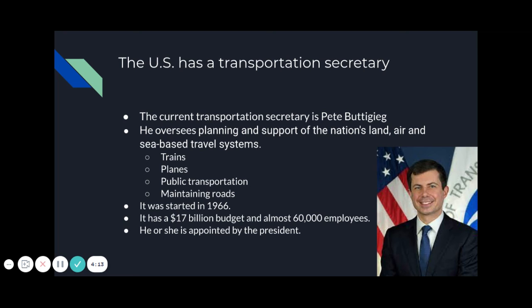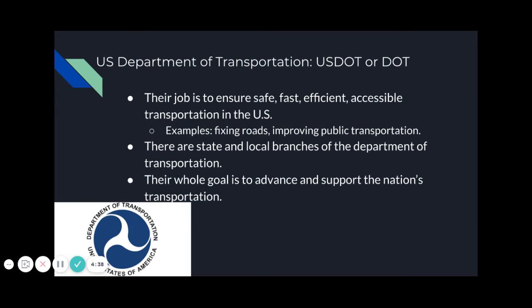He oversees all of that. That position was started in 1966. It's about a $17 billion budget every year, and there's almost 60,000 employees for the transportation department. He was appointed by our president. This is a position in the cabinet that is appointed by each president.